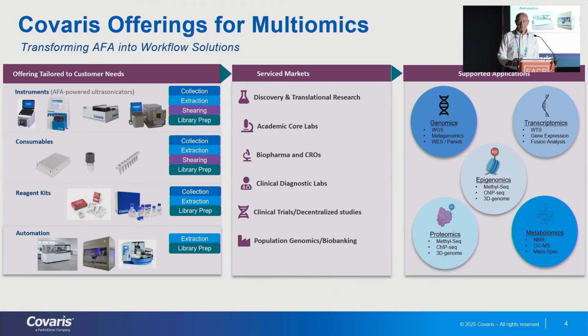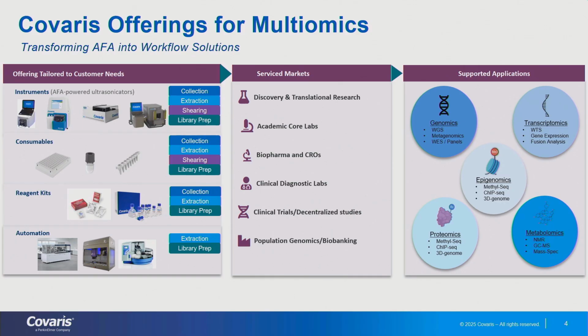So our offerings can be summarized like this, that we have instruments from single sample handling up to high throughput, 96 and 384 well systems. And for this we have then the consumables and the reagents that are required for certain applications. And we can automate this as well. And I'll come back to the automation regarding FFPE.